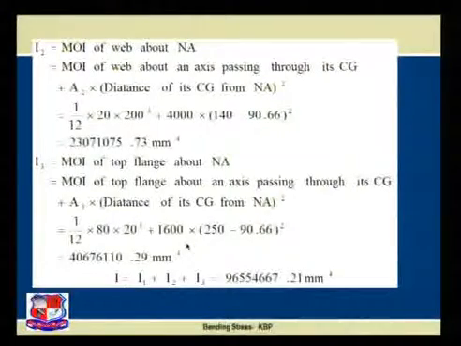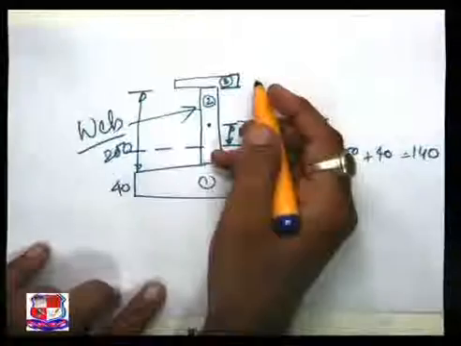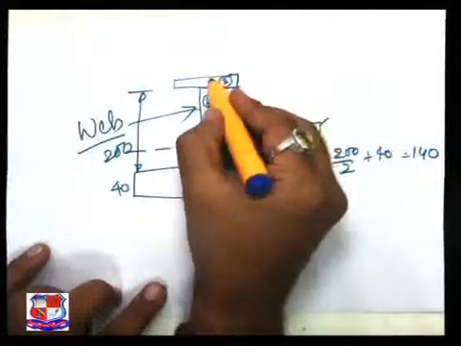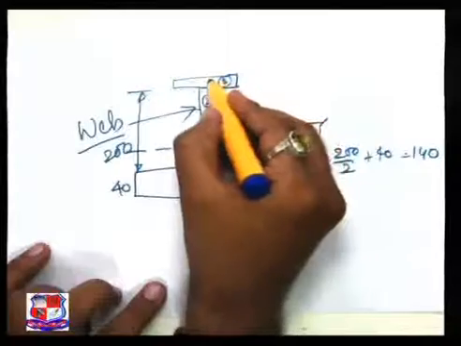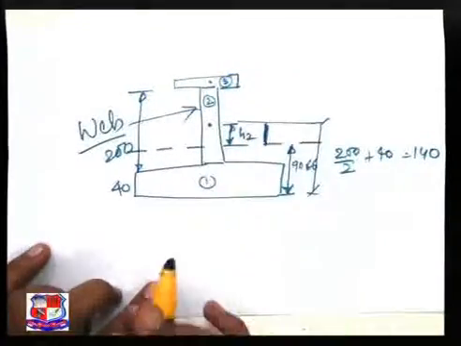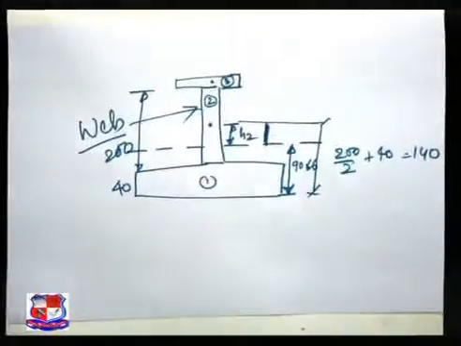Let us see on this table top. What is H3 square? If you are referring to the total depth, this is the CG of the third part.